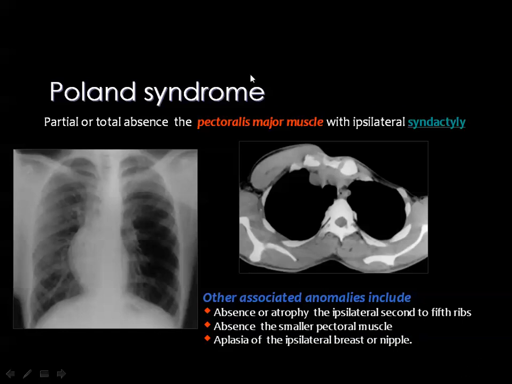Then Poland syndrome means that there is partial or total absence of the pectoralis major muscle with ipsilateral syndactyly. As you can see here in the CT section, this is the pectoralis major and this is the minor, and both are absent here. Absence of the chest wall muscles will result in appreciable radiolucency of the ipsilateral hemithorax.